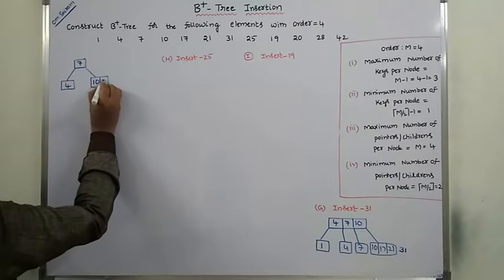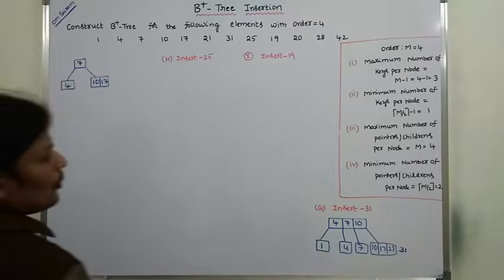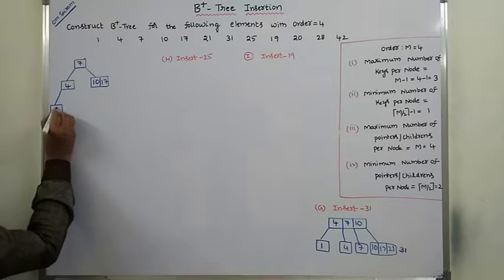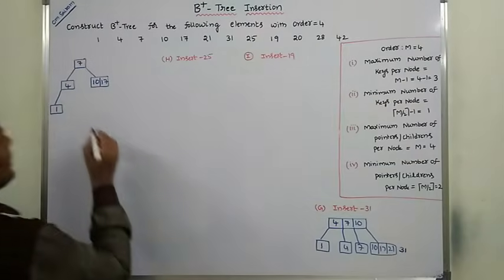10, 17. Now 4's left child is 1 and 4's right child is 4.